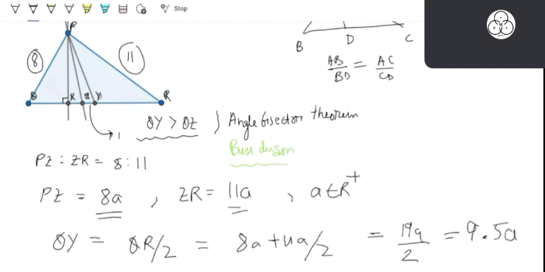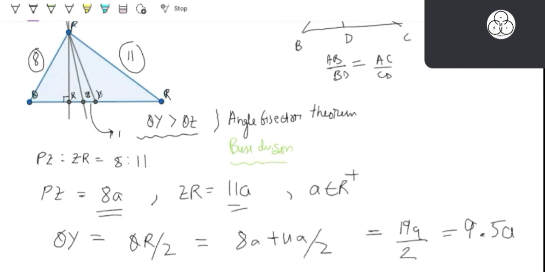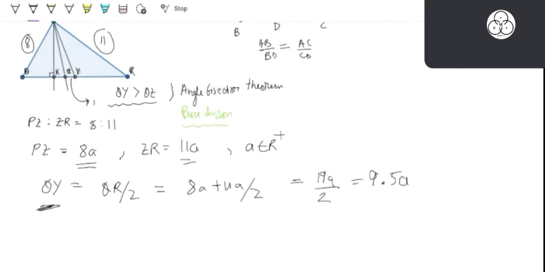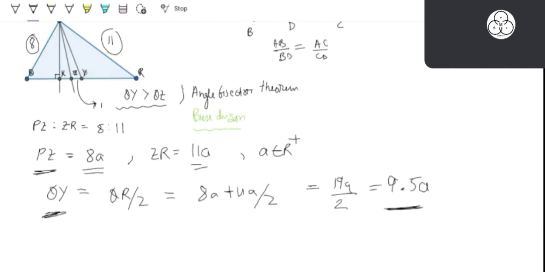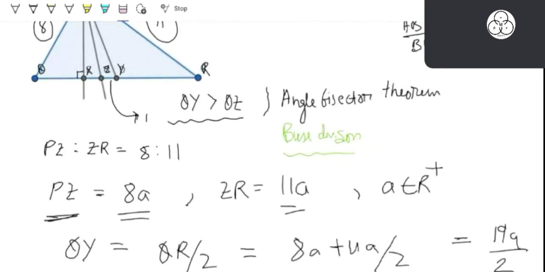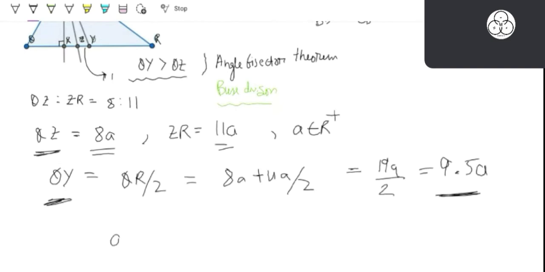So we have QY equals 9.5a and, sorry, not PZ, it should be QZ, my mistake, QZ equals 8a. Since a is a positive constant, 9.5a is obviously greater than 8a, which means QY is greater than QZ. And that's why our diagram is totally valid.